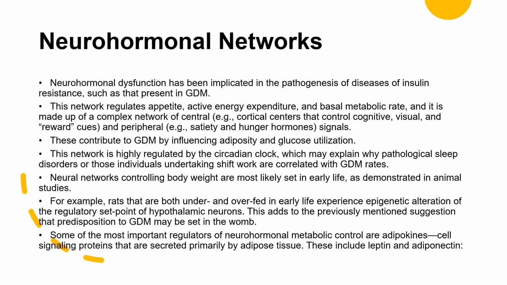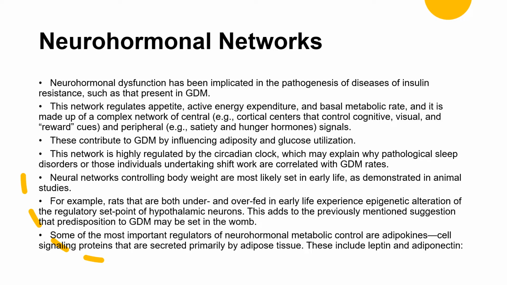The network is highly regulated by the circadian clock, which may explain why pathological sleep disorders or those individuals undertaking shift work are correlated with GDM rates. Neural networks controlling body weight are most likely set in early life, as demonstrated in animal studies. For example, rats that are both under and overfed in early life experience epigenetic alteration of the regulatory set point of hypothalamic neurons.